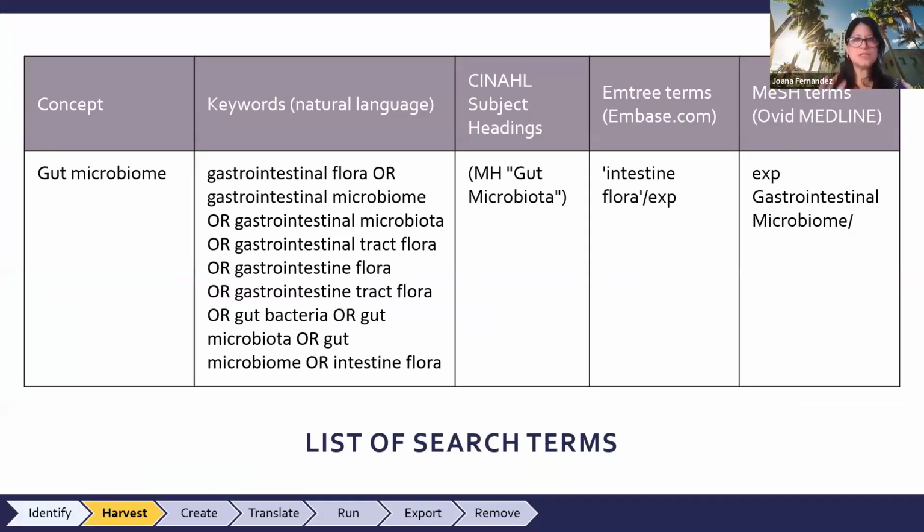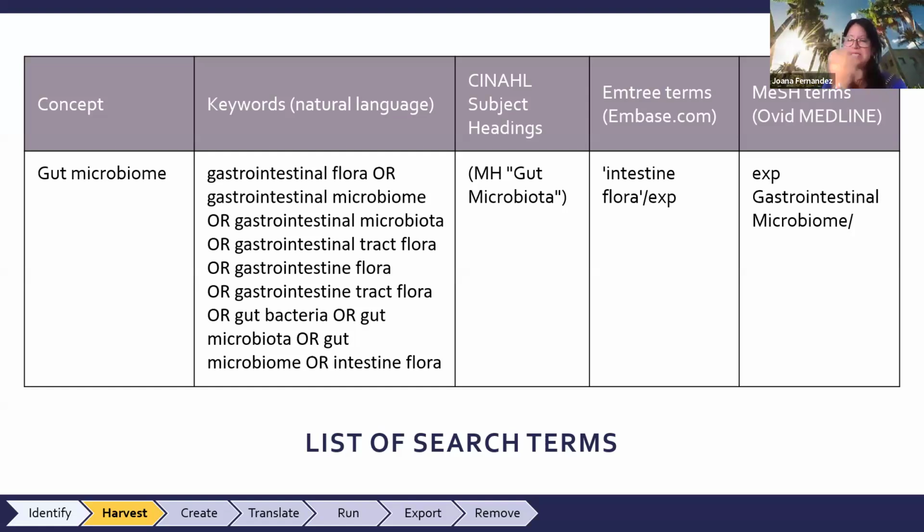Once you have explored your terms, we typically recommend, and this is a very useful advice across all the literature searches, that you create a table and you divide each one of your terms into concepts. And for each concept, you break it down into keywords, the natural language keywords, and each one of the columns for each one of the databases.